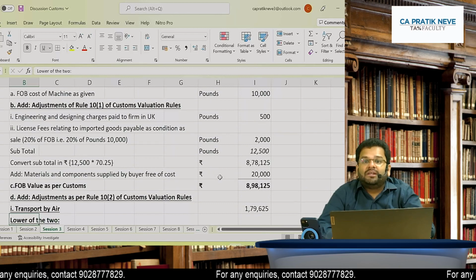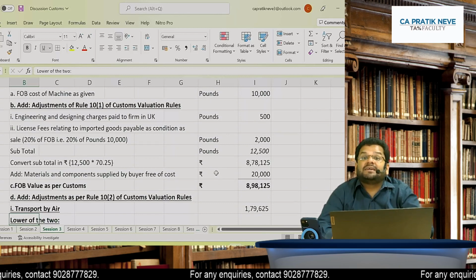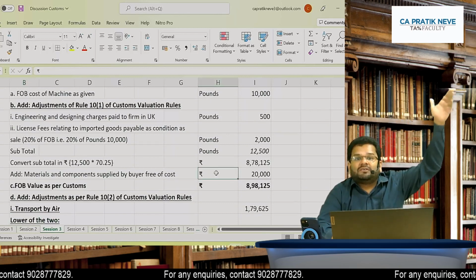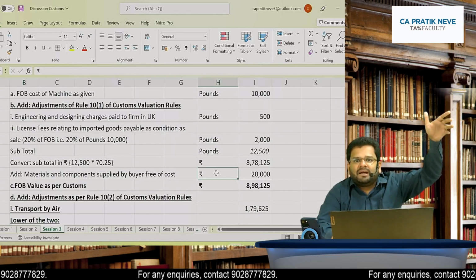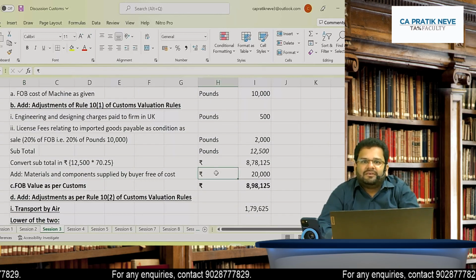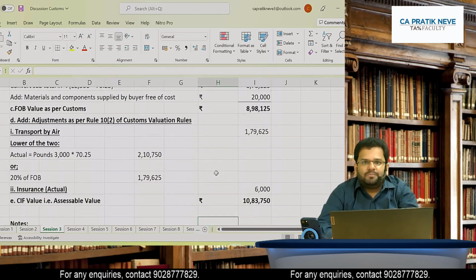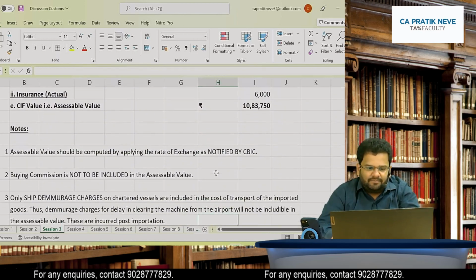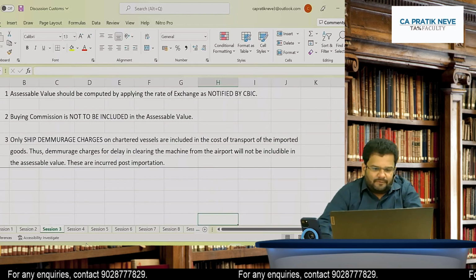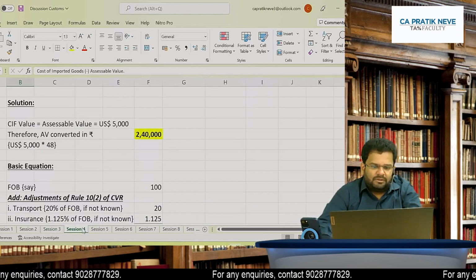All should be loaded in FOB as per customs except post importation transport charges, and except buying commission, and except any other post importation charges. Wonderful, wonderful. समझ में आया ना? Very good.